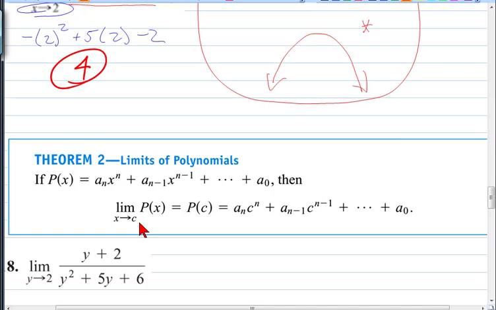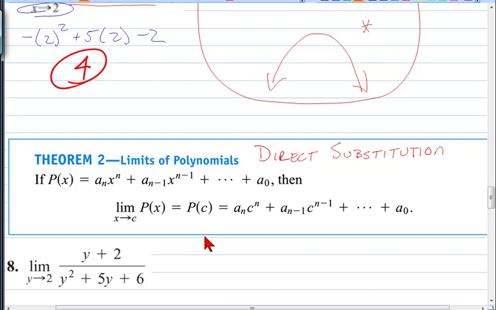So that's what we just did. It's called direct substitution. Direct substitution just means plug in the number that x is approaching into the polynomial in place of x.